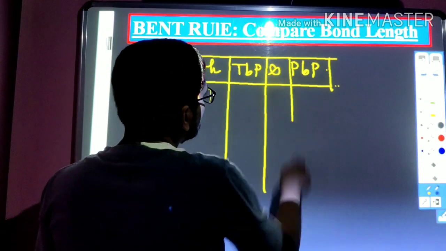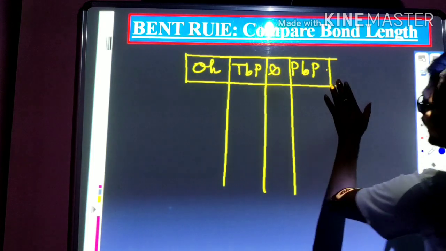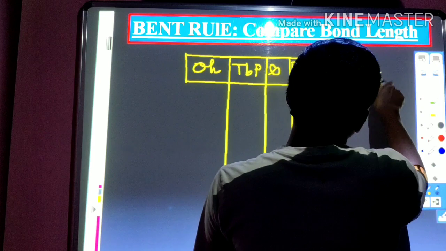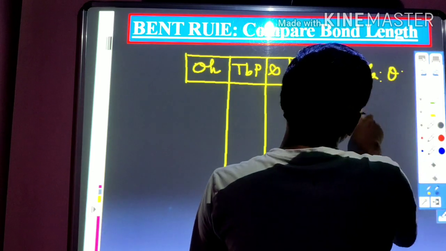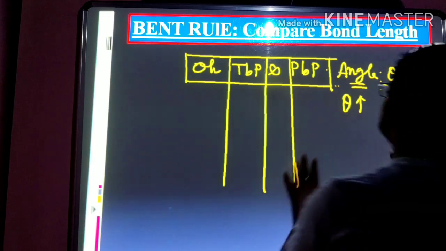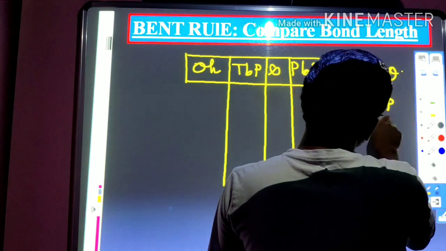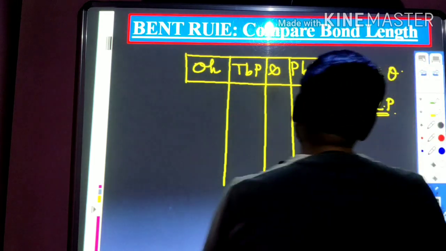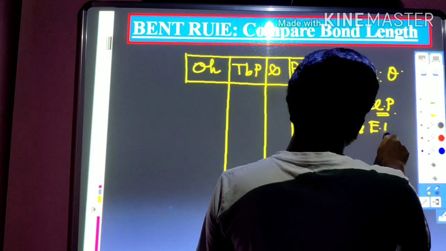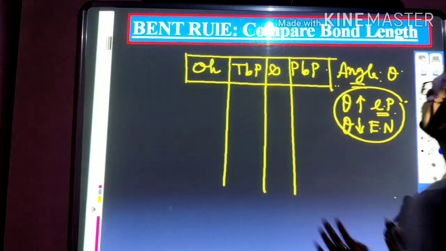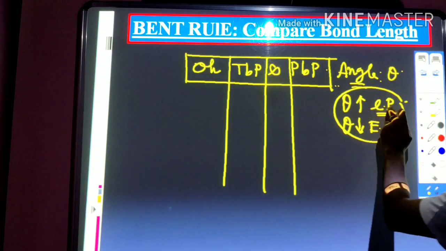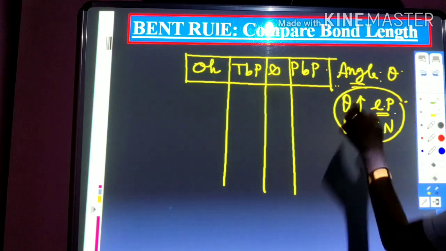That will be determined by the angle theta. Where theta is more, the lone pair will be placed there, and if theta is less, the electronegative element will be placed. Because as theta increases, the percentage of S character increases. So the lone pair will be placed in the orbital where the percentage of S character is more.